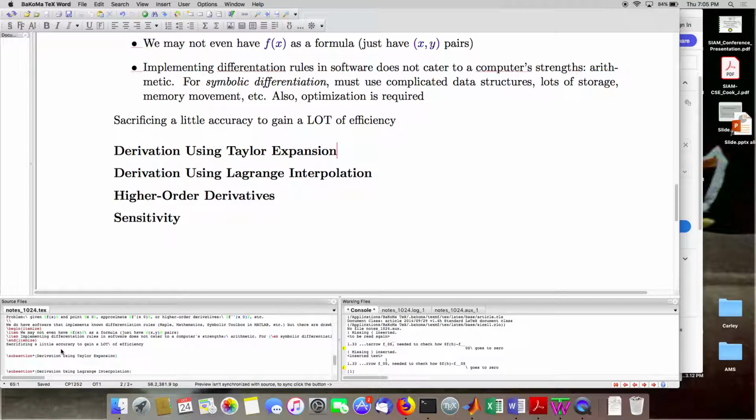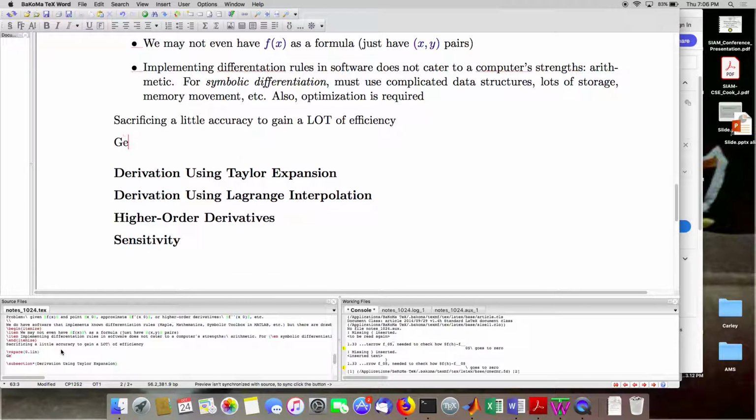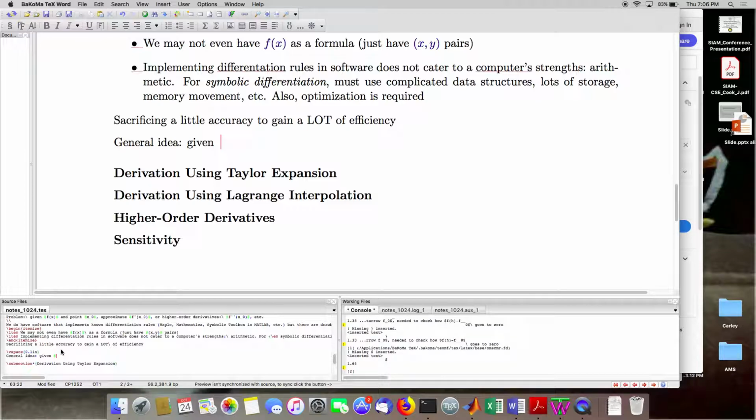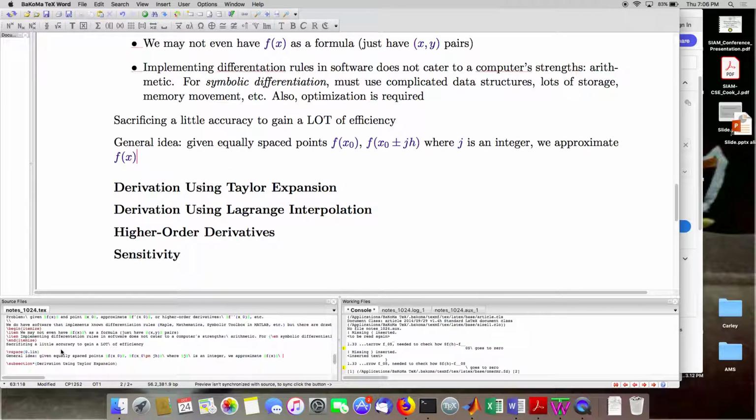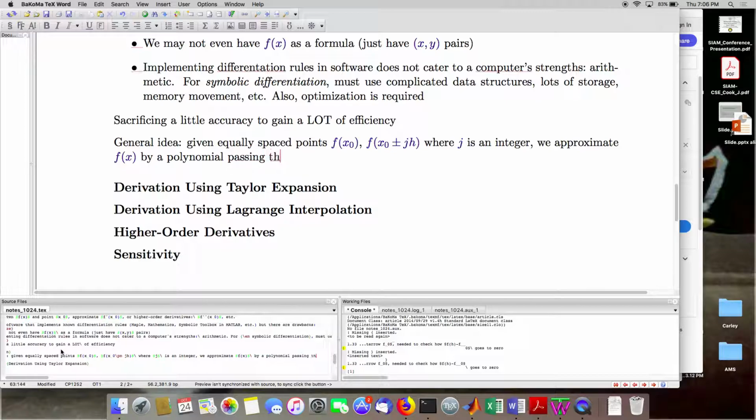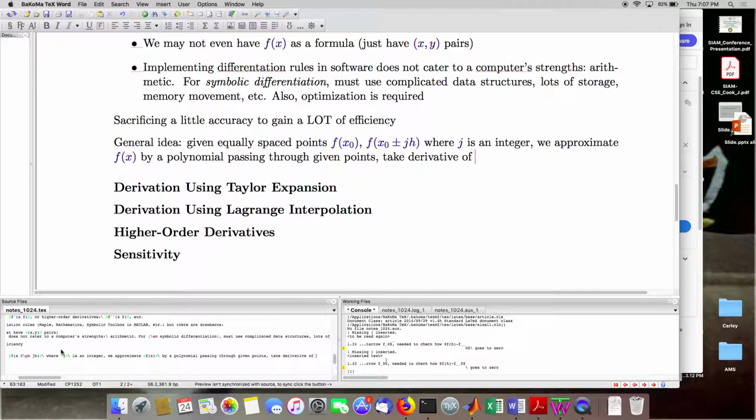So, first, before I get into either approach, a general idea is that, given equally spaced points, f of x naught, and f of x naught plus or minus jh, where j is lowercase j, we approximate f by a polynomial passing through these given points, and take the derivative of the polynomial exactly.